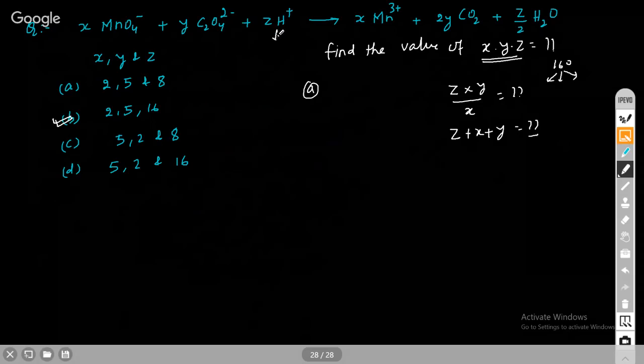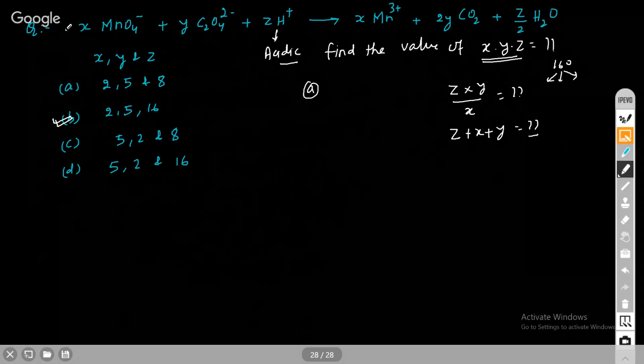The reaction is in acidic medium, right? In acidic medium, this converts into this. Accordingly, you can apply the rule. One is the oxidizing part, the other one is the reducing part. Write down both half equations, balance each according to the rule, and then add them so that the number of electrons gets cancelled.